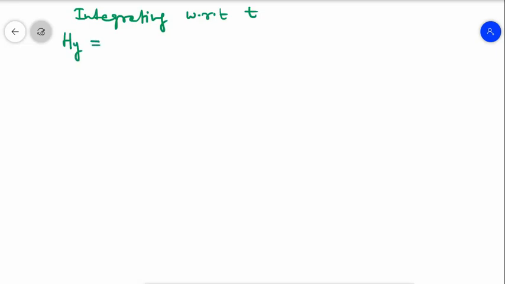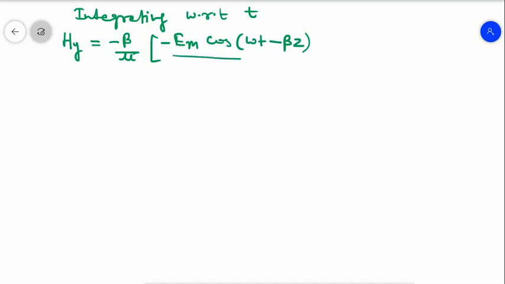Hy equals to minus beta upon mu, and this is minus Em cos omega t minus beta z upon omega.